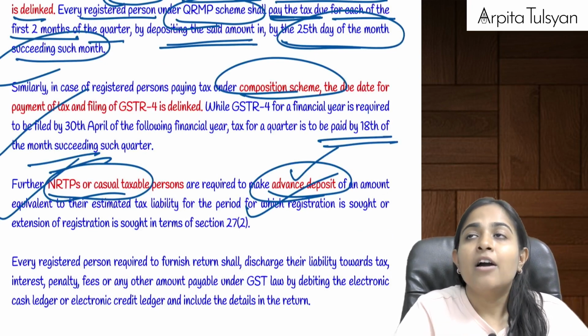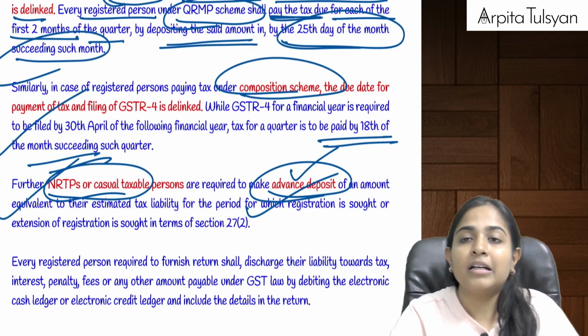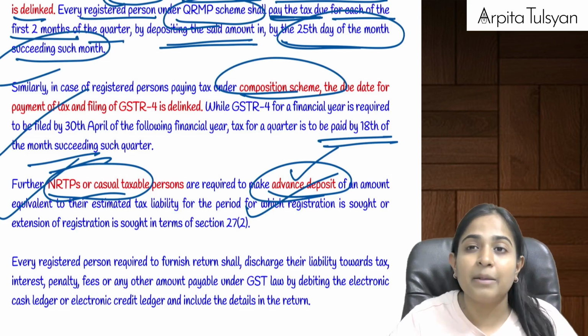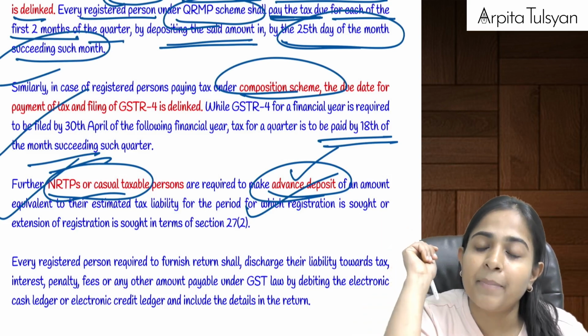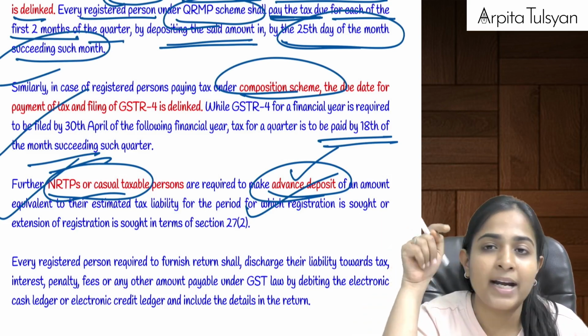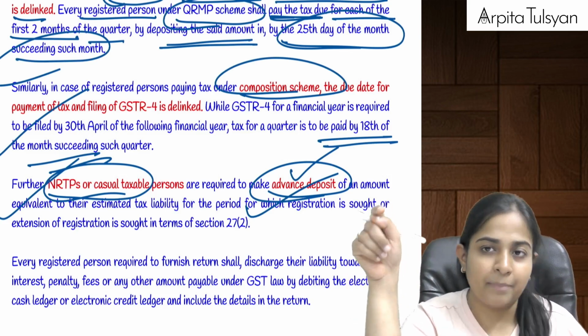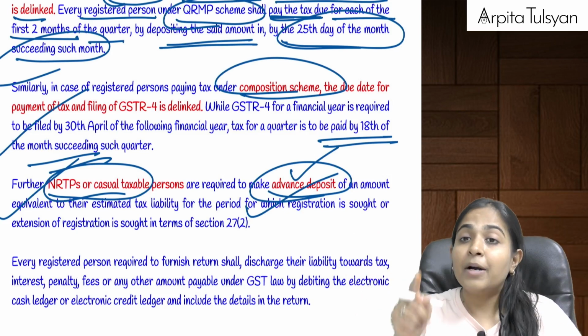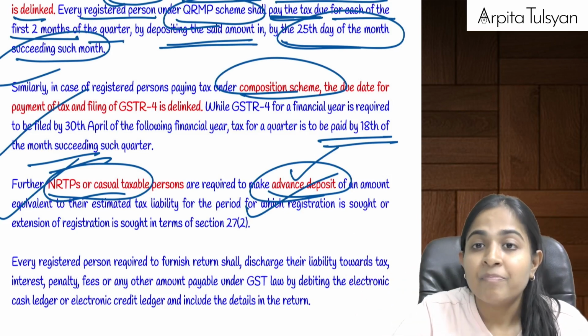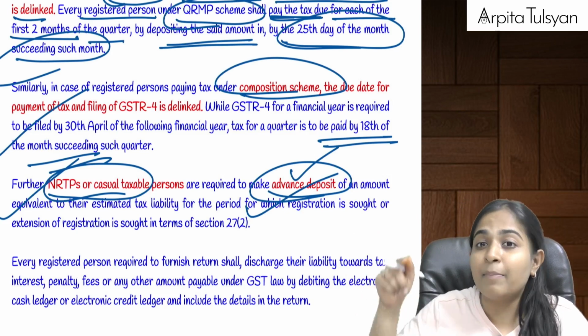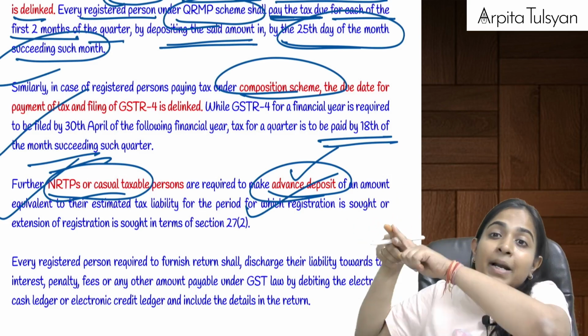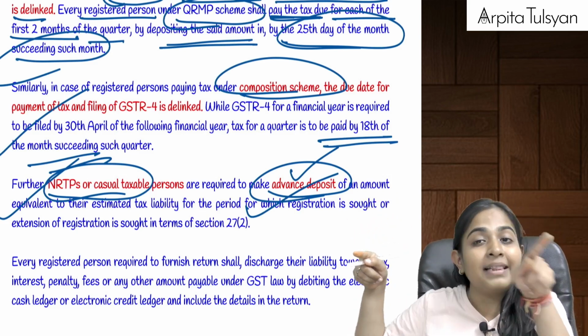What was the due date for monthly return filers of GSTR 3B? They were required to file by 20th of the next month, so the 20th becomes the due date for payment of tax for them. That was linked with the return. But what about QRMP people? They are going to file the GSTR 3B on a quarterly basis, but payment has to be done on a monthly basis.